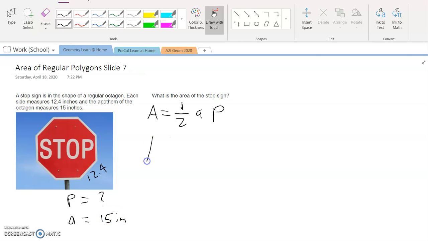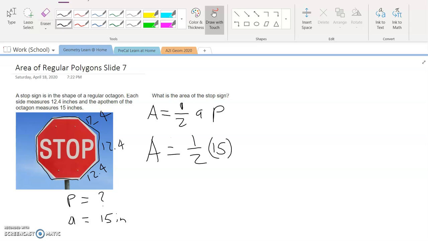All right, so if I start plugging in, I realize pretty quickly that all I need is to figure out the perimeter. So 15 is the apothem, and perimeter is the whole length around the octagon. So because these are regular polygons, each one of these sides is 12.4.